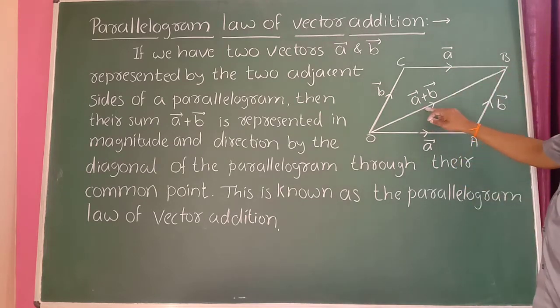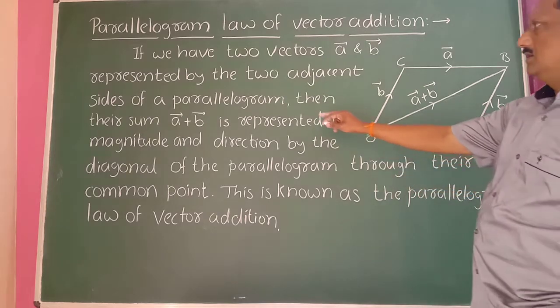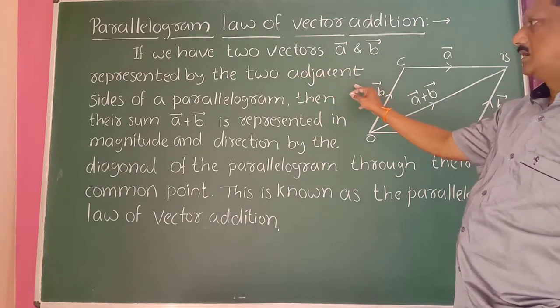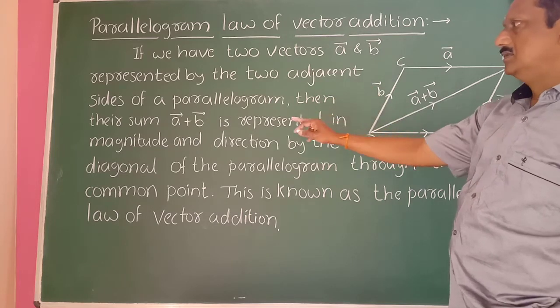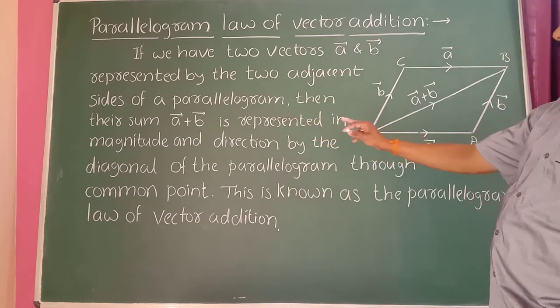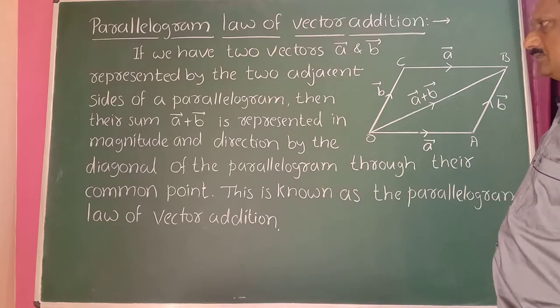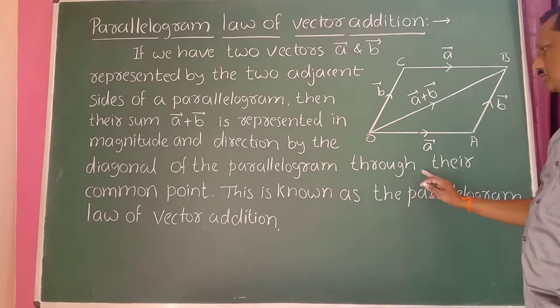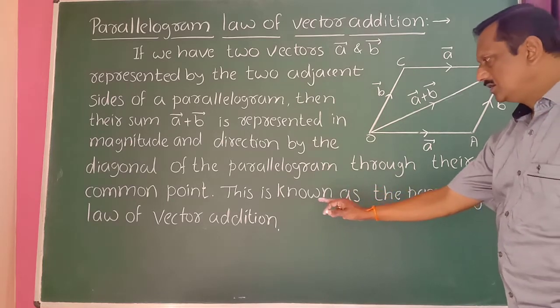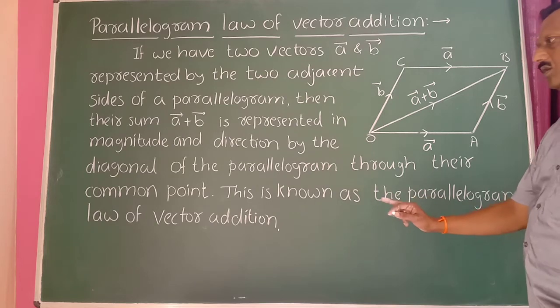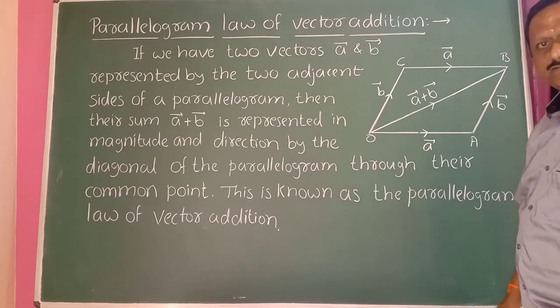Yes, it is a bar plus b bar here. So therefore, if we have two vectors a bar and b bar represented by two adjacent sides of a parallelogram, then their sum a bar plus b bar is represented in magnitude and direction by the diagonal of the parallelogram through their common point. This is known as the parallelogram law of vector addition here.